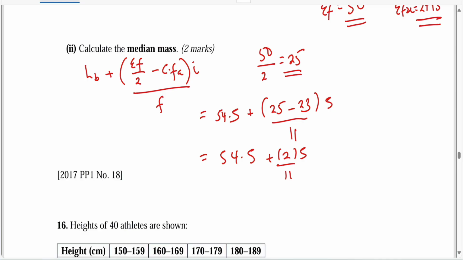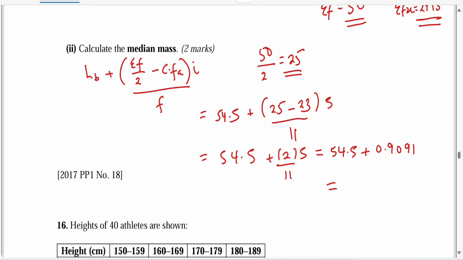Let's find out 2 times 5 divided by 11. I'm using my calculator, so don't worry. It is 0 point something. So this one should be 54.5 plus 0.9091.